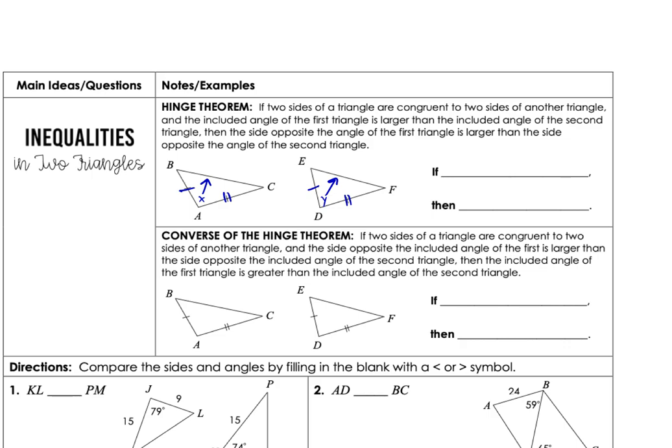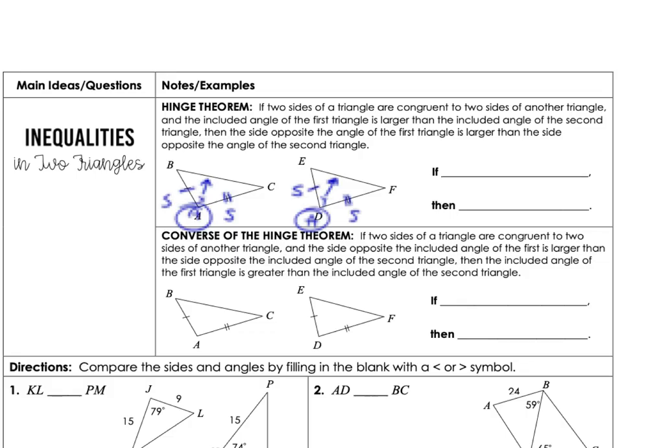So basically we're saying if you have that SAS setup where it is the included angle that we're looking at, the angle between the two sides that we know, that angle measure impacts which side is bigger across from it, okay?